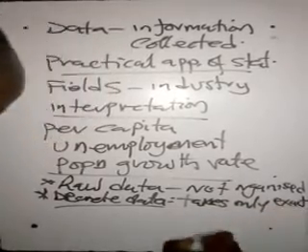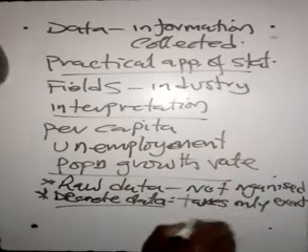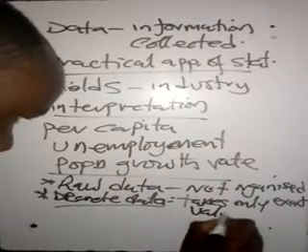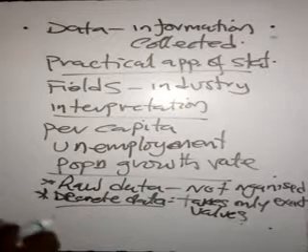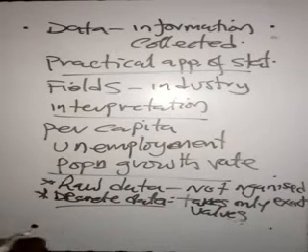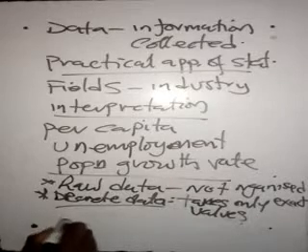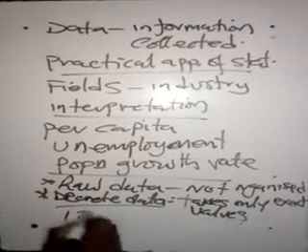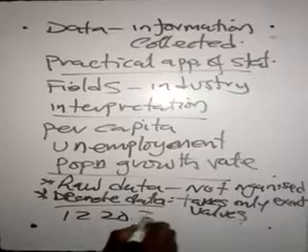We shall use examples to understand what discrete data is. For example, it takes 1, it takes 2, it takes 20, it takes 33, and so on. We are saying that it takes only integral values.